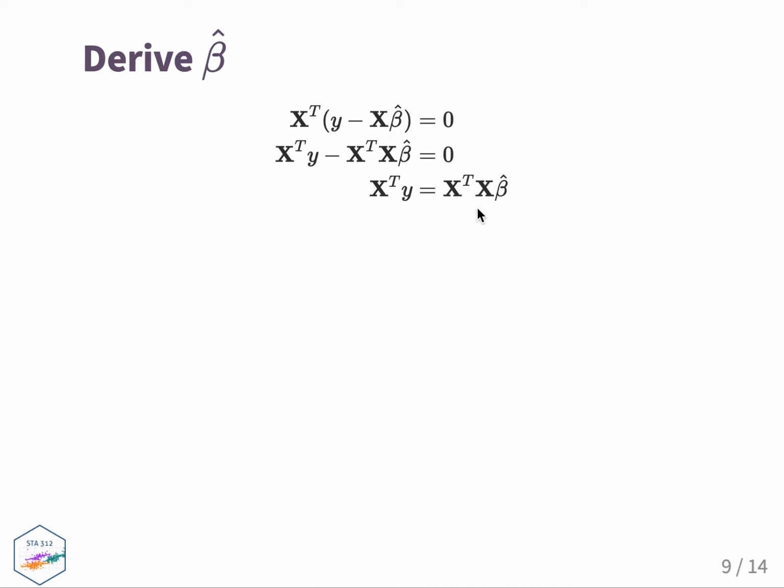We're getting back to where we started in the derivative form, except notice we didn't have to take a derivative. All we had to use was this fact about orthogonality that we know from geometry. Now I can get this x transpose x back over here by taking the inverse, and I'm left with just beta hat on this side. So we've solved that beta hat is equal to x transpose x inverse, x transpose y. Woohoo!